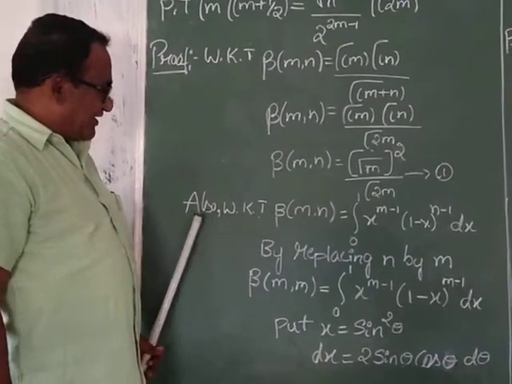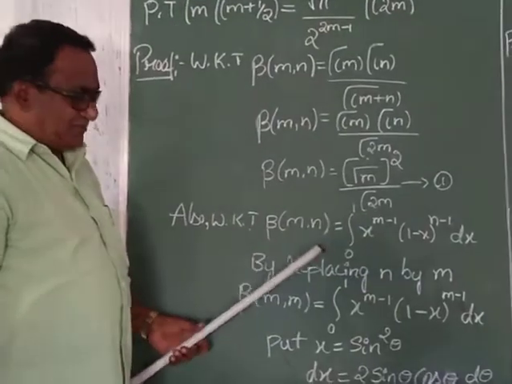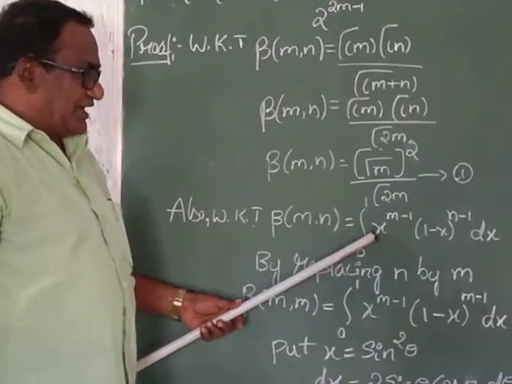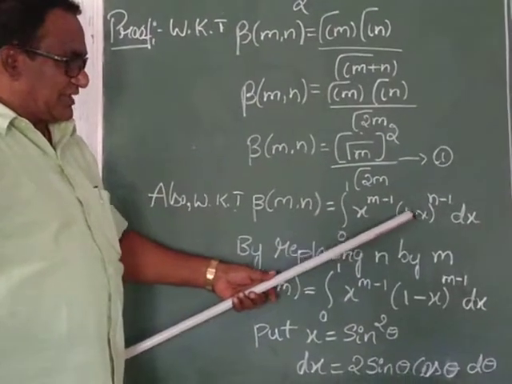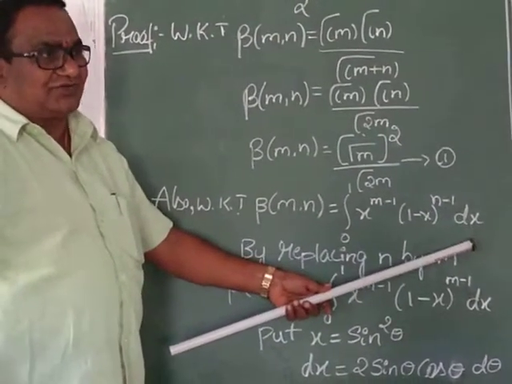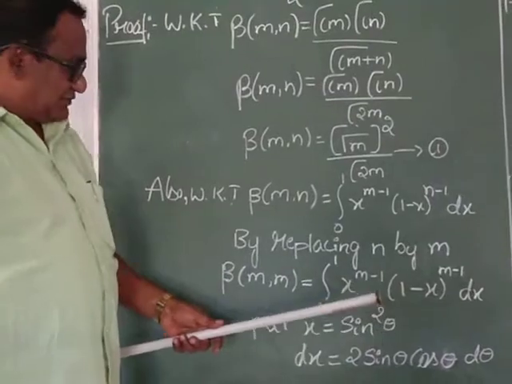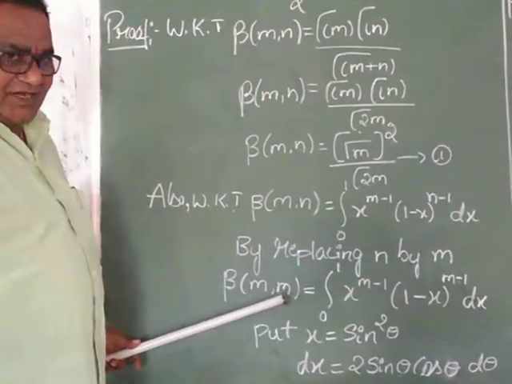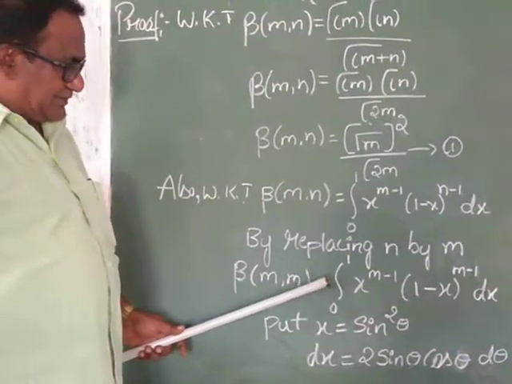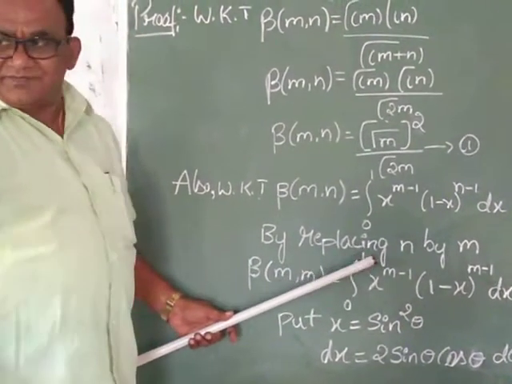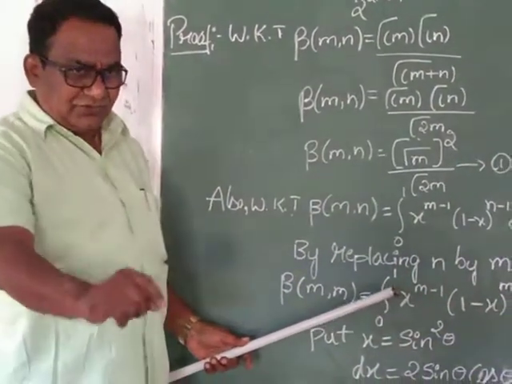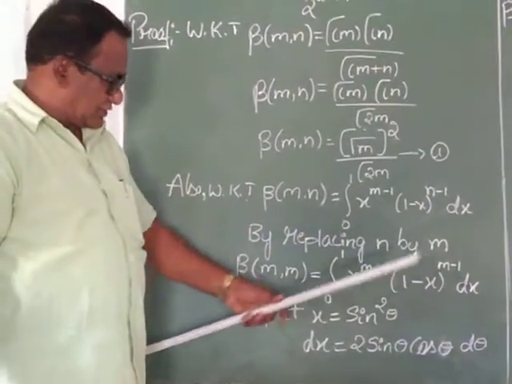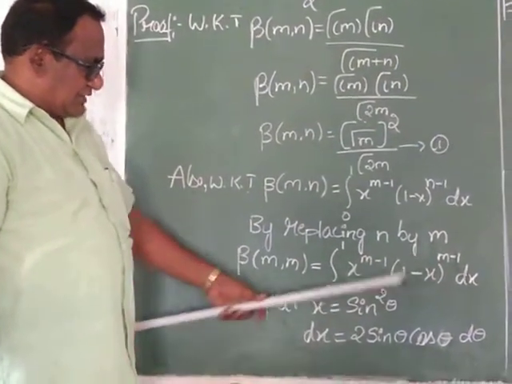Next, we also know that beta m, n is equal to integral from 0 to 1 of x to the power m minus 1 into 1 minus x whole to the power n minus 1 into dx by the definition. By replacing n by m here, beta m comma m is equal to integral from 0 to 1 of x to the power m minus 1 into 1 minus x whole to the power m minus 1.